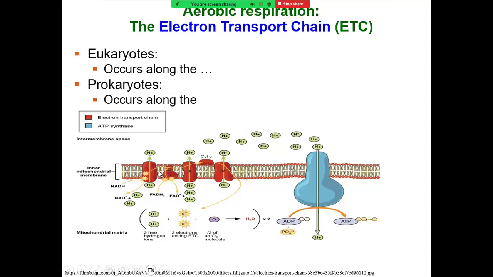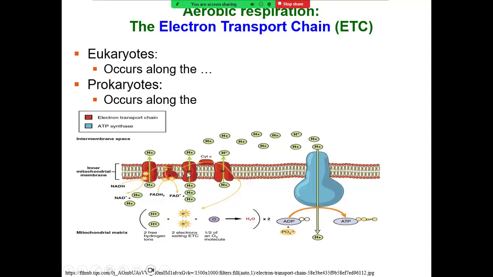The electrons are then transferred to this protein and then to this protein. Once again, when the electrons move through it, it gives the protein the energy it needs to transfer 1 hydrogen ion from this side of the membrane to that side of the membrane.